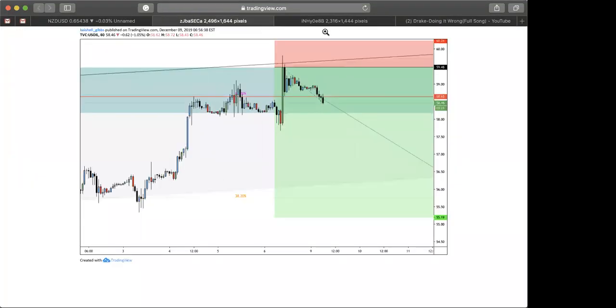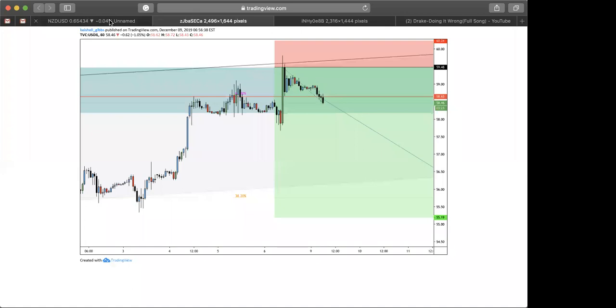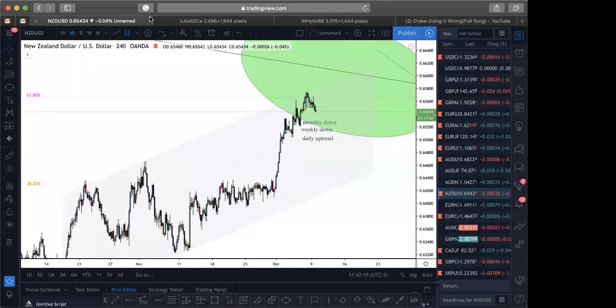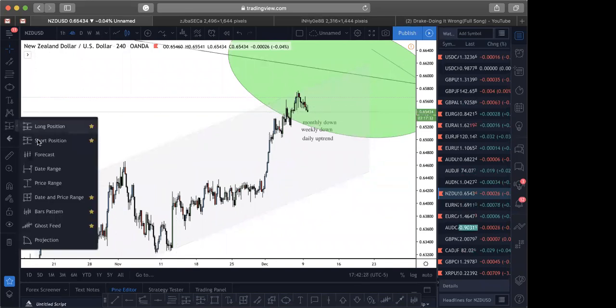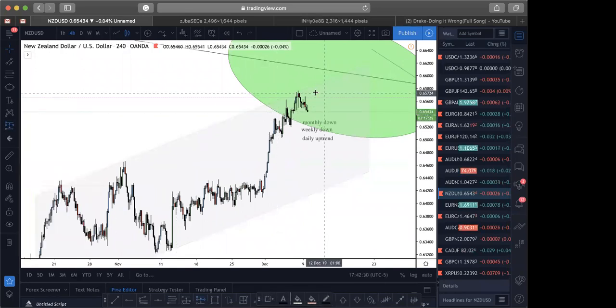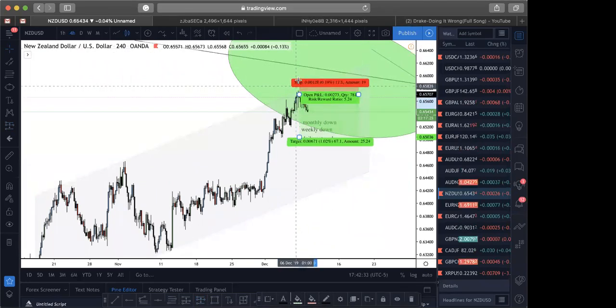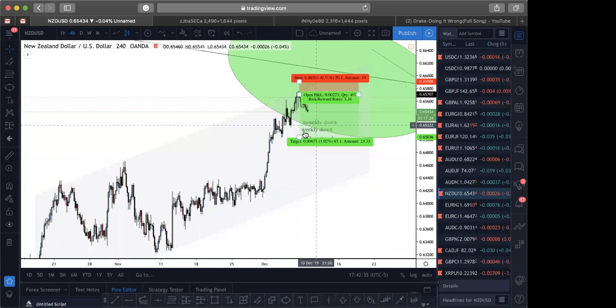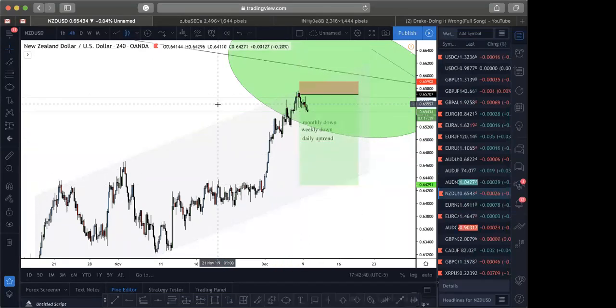All right, so let's see. I think I have this. Is this it? No. I had an NZD USD setup. I had it in my browser just a while ago. It was like this. Took a short from the top of this channel, go down. This was a target down here.